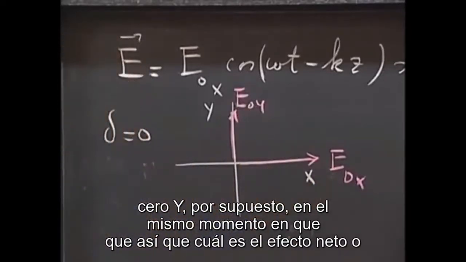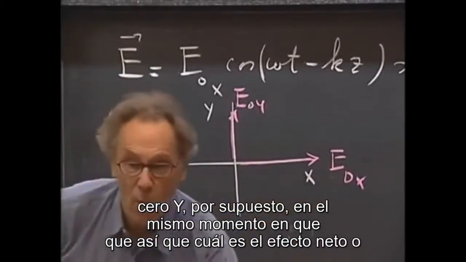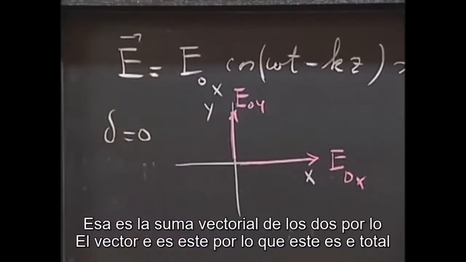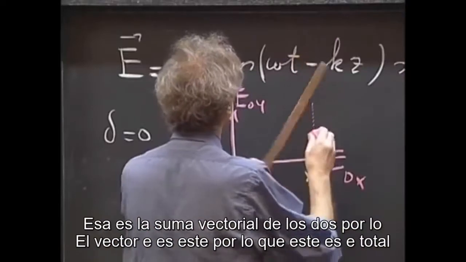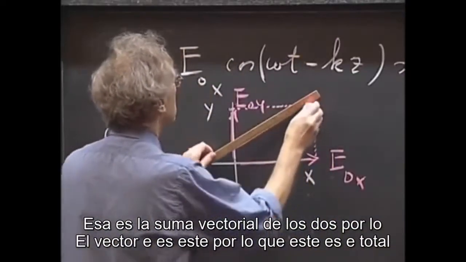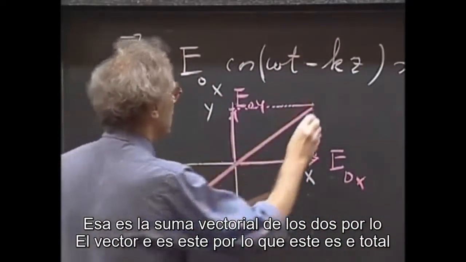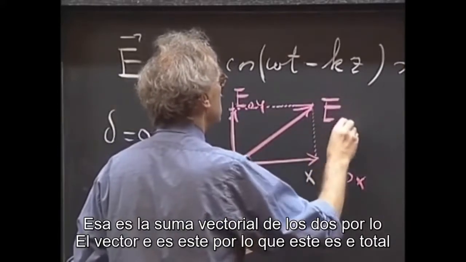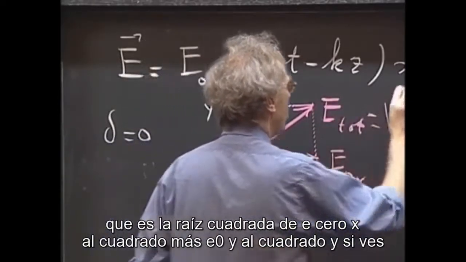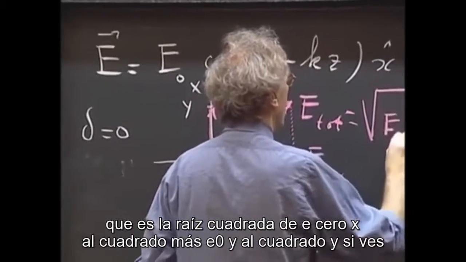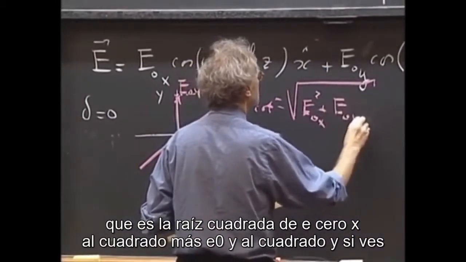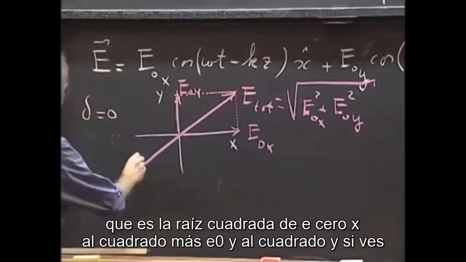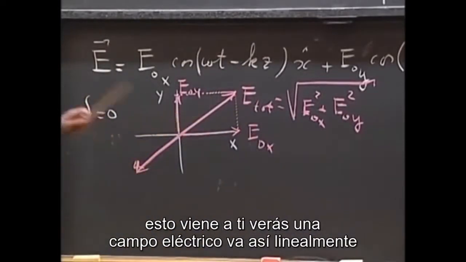So this one, E0y, occurs at the same moment as that one. So what is the net E vector? That is the vectorial sum of the two. So the E vector is this. So this is E total, which is the square root of E0x squared plus E0y squared.